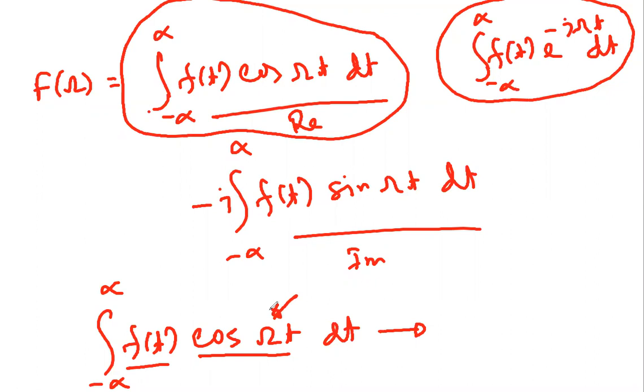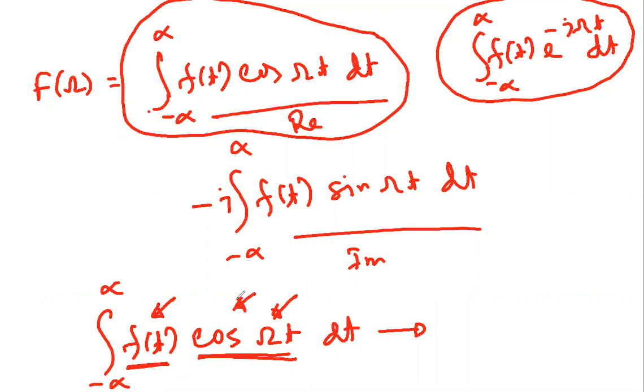By knowing the omega value, you definitely can understand what is the percentage of cos omega t inside the f(t). In case of correlation, we can understand what is the similarity between an unknown signal and a known signal.